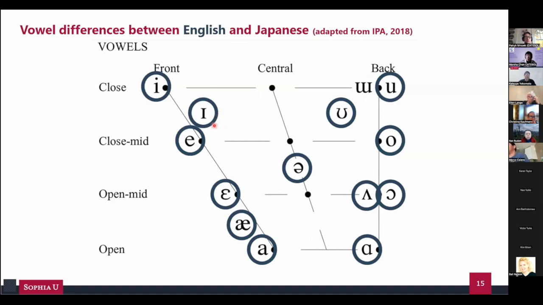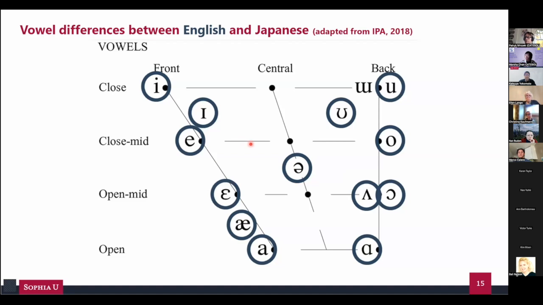So it's very difficult to pronounce these new sounds, including the schwa sound. Okay, it's very difficult. So when you look at the list of vowels here, they have to learn new vowels, very, very new and never experienced before. So they have to learn from scratch. It's very, very confusing.